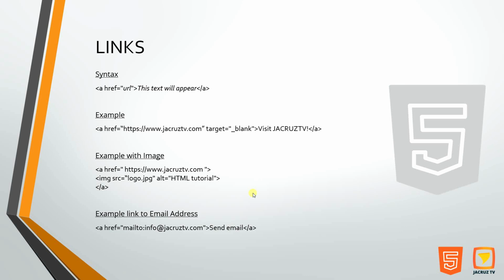For example, we want to include a link in an image. If we want to include a link in our image, it is also possible. For example, you visit some websites, then you see an image, you click the image, then it will go to a different website. So all you need to do is create an A tag, which is a link, and inside it is the image tag.